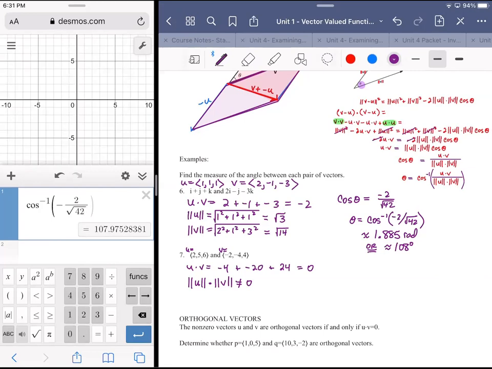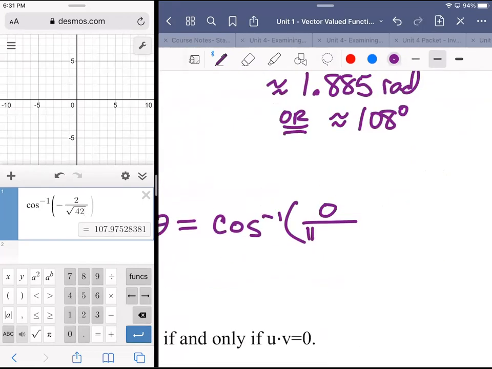So theta is going to be equal to the inverse cosine of 0 over something that's not 0, but like, do you want to write non-zero? I don't know. I'm going to write u dot v.